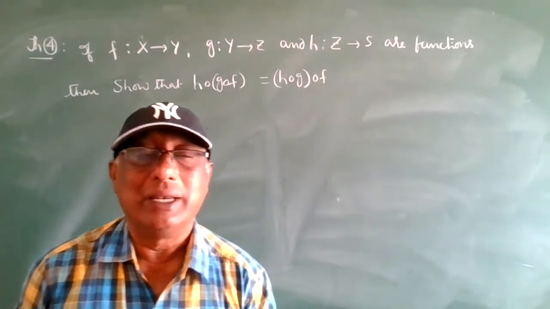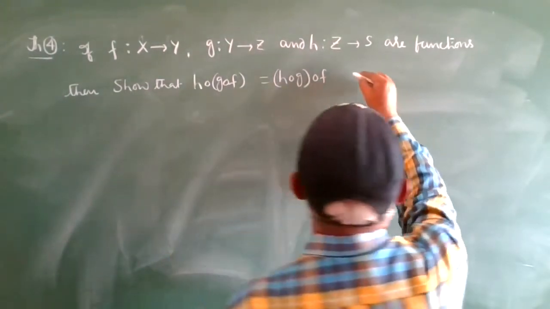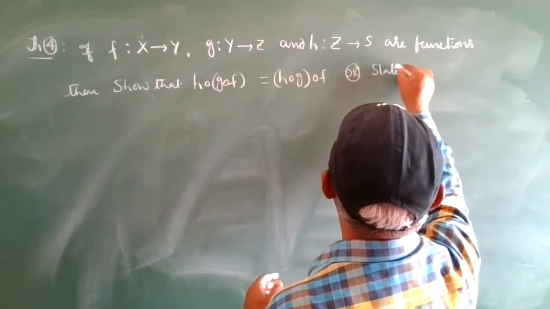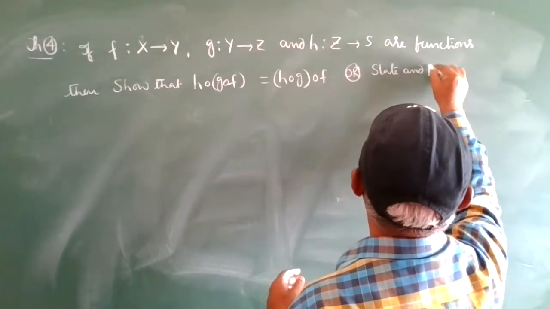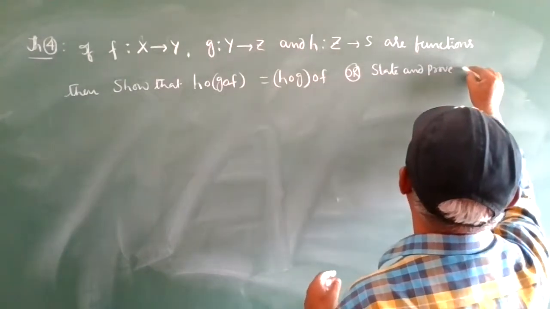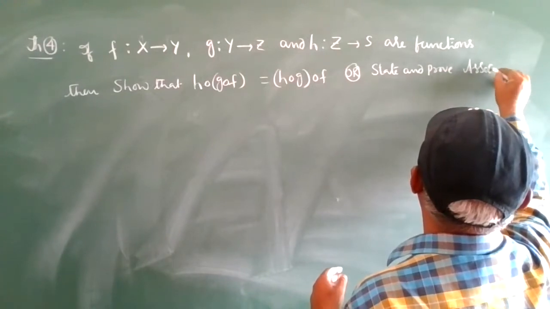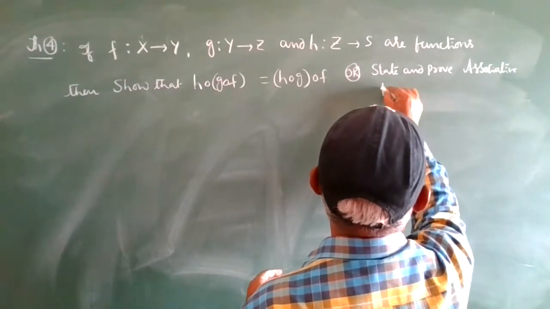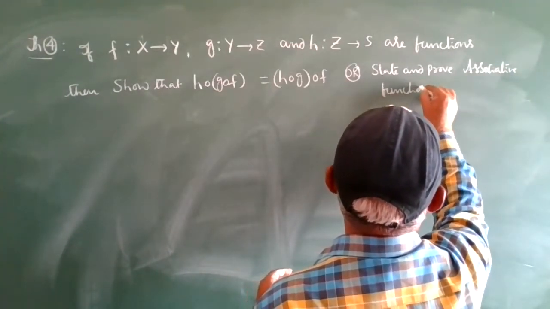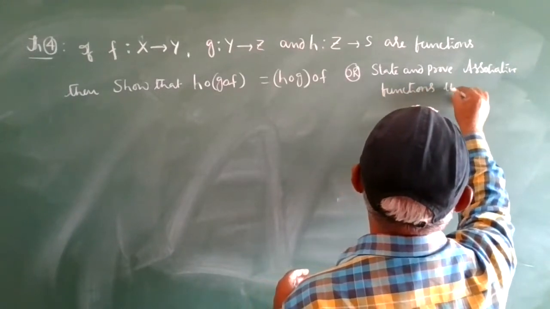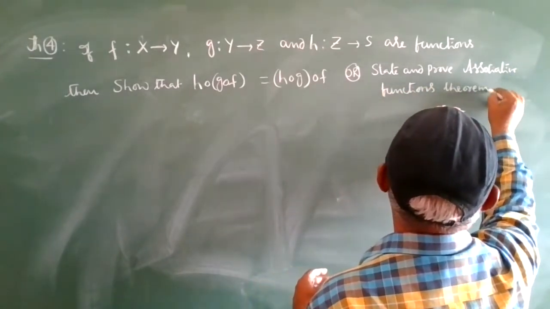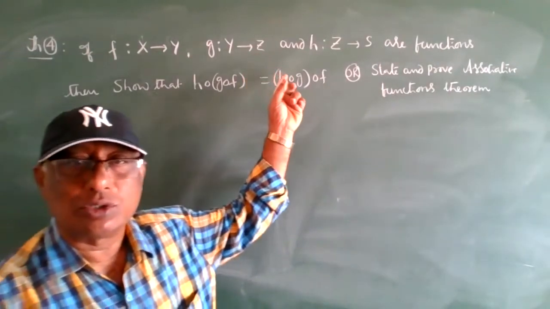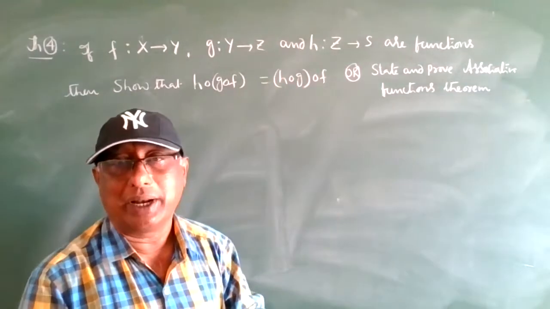In the examination, state and prove. This is the associative functions theorem, the associative law. You should write the statement and you should also write the proof. Okay?